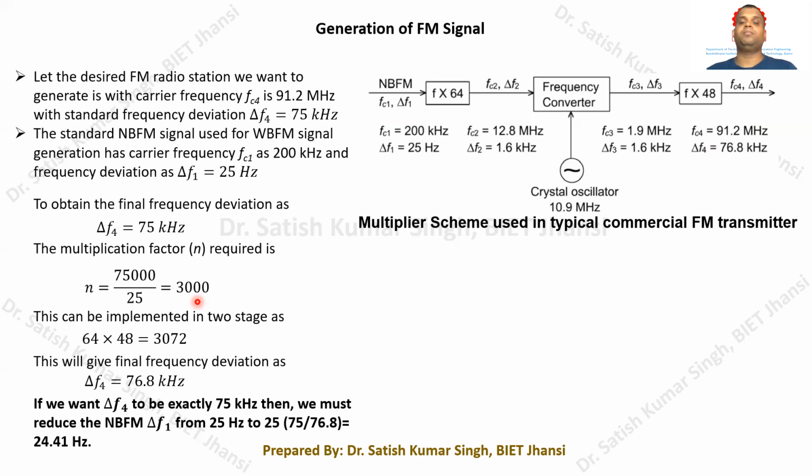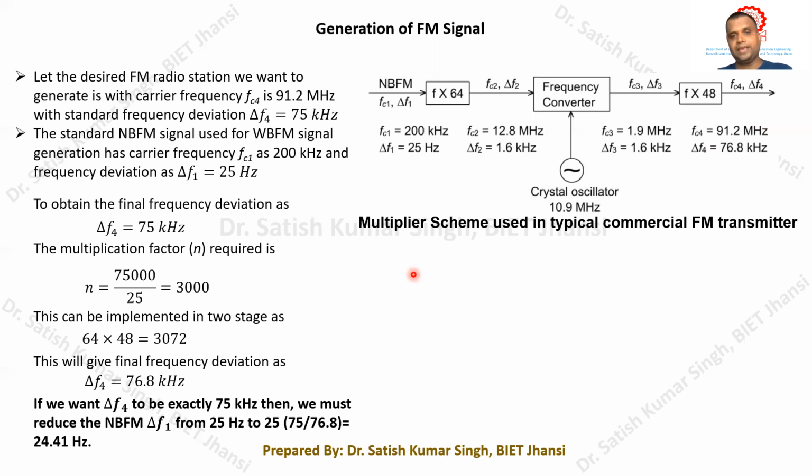For example, we cannot multiply by 5 or 7 or 8, 9, 10. If we wish to multiply by a factor of 8, rather than having a single multiplier of factor 8, we use a cascaded connection of frequency doublers. If we use 3 cascaded frequency doublers, 2 multiplied with 2 again with 2, it gives a multiplication factor of 8.